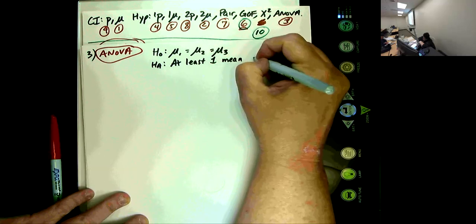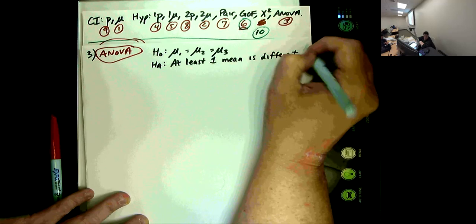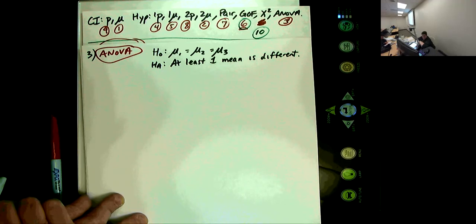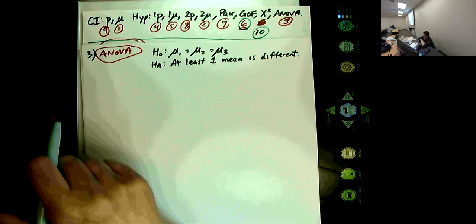At least one mean is different. Here, the groups are already numbered, so if the groups are already numbered, you don't really need to number them.